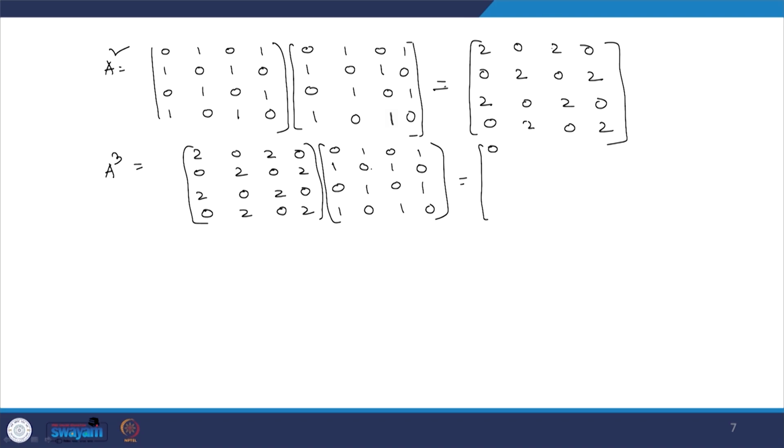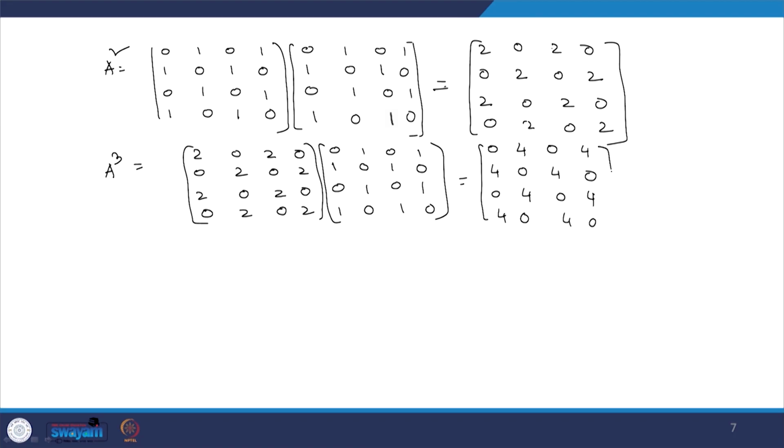This is 2, 0, again 2. So, I will have 4. Third one you will see 0, fourth one will have 4. Again second row 0, 2, I will have 4, 0, and 0, 4, 0, 4, 4, 0, 4, 0.